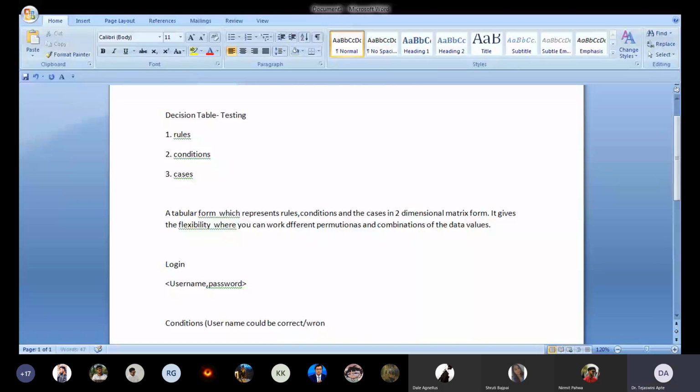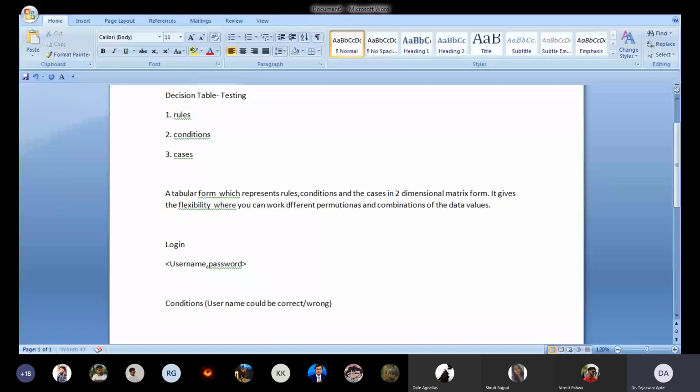Are you getting my point? The second condition could be the password, which could be correct or wrong.